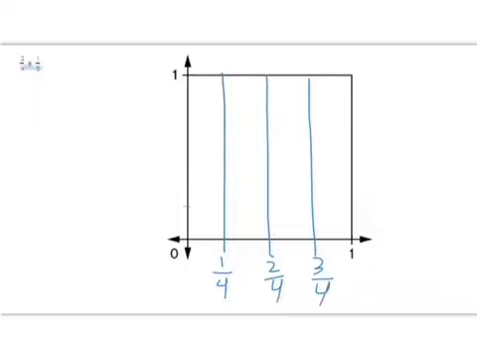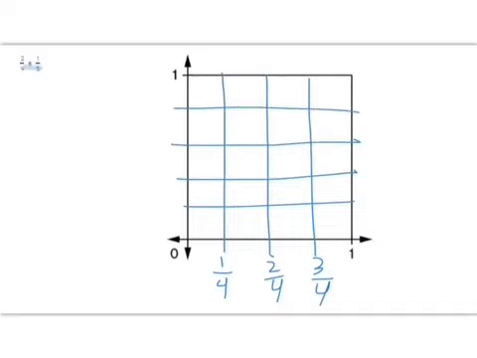Then I have fifths, so I'm just going to cross 1, 2, 3, 4, 5. I'd like to point out, again, my boxes are not perfect, but they will work. So I have up here 1/5, 2/5, 3/5, 4/5.